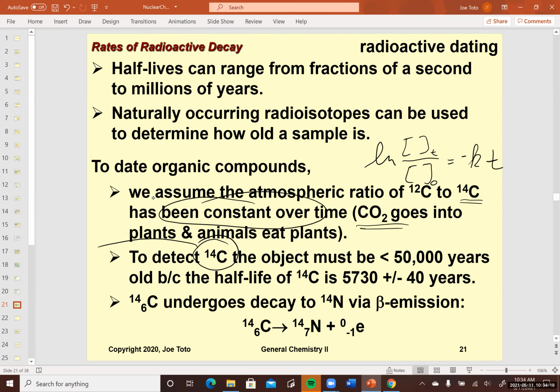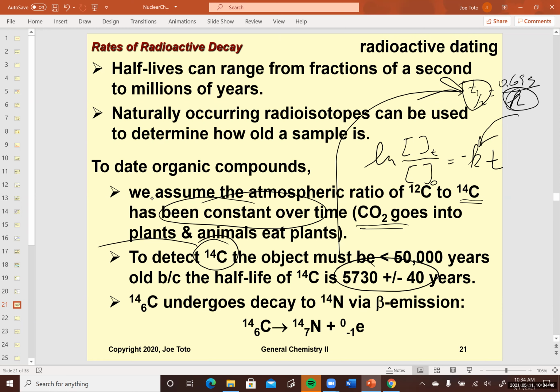We know what k is because we know that t1/2 equals 0.693 over k. So if we know the half-life of the radioactive species, which we do for carbon, it's 5,730 years, I can put that in the half-life. I can solve for k for carbon.